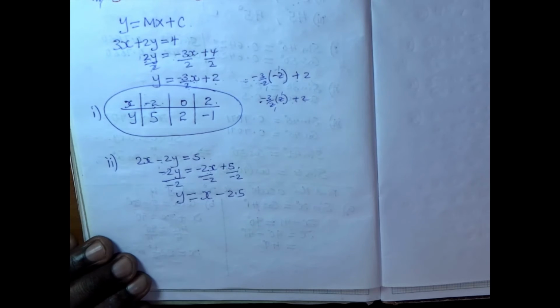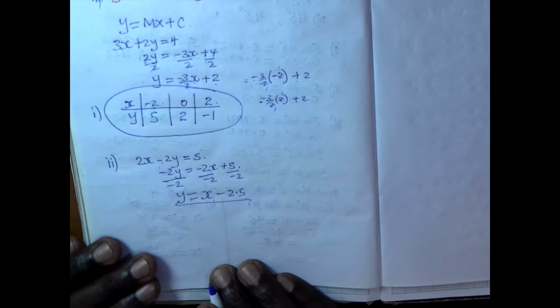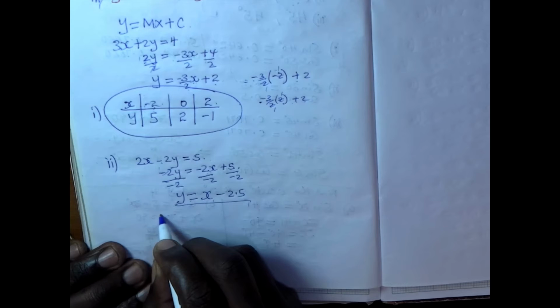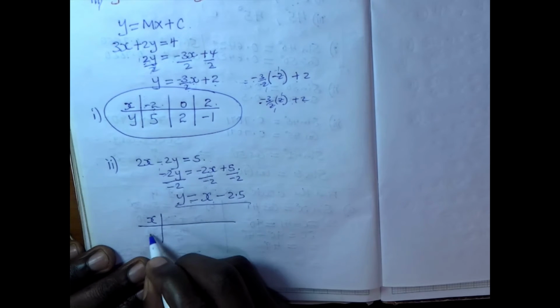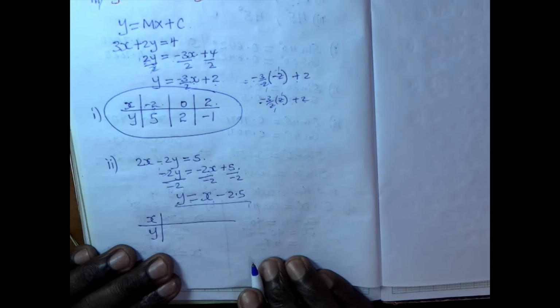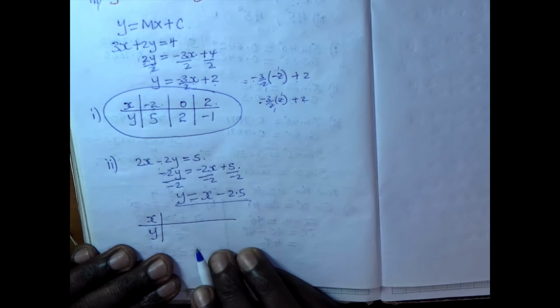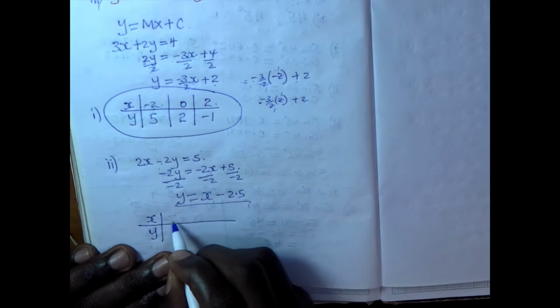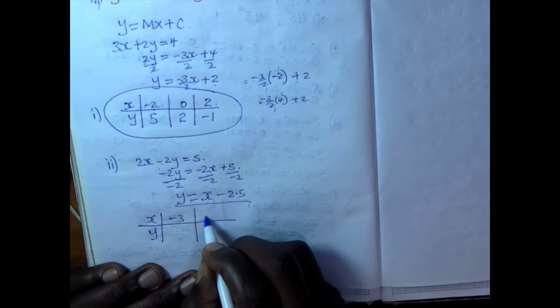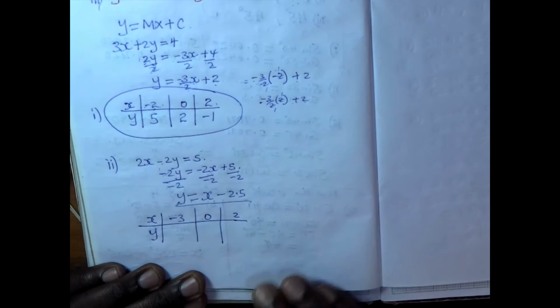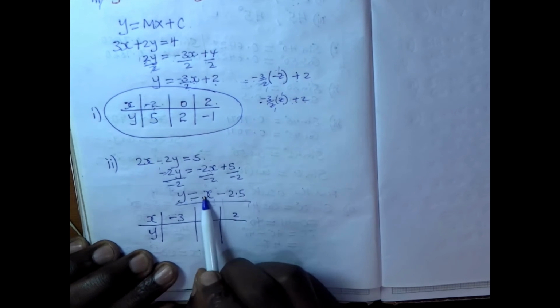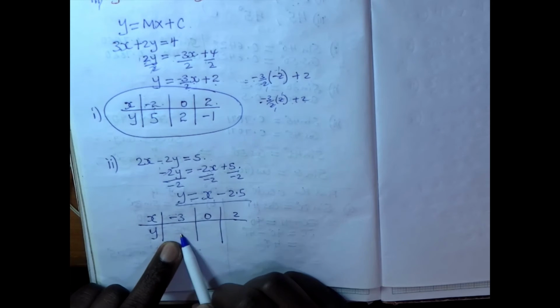Again, for this, let us make a table for the corresponding values of x and y. Again, we take points near the origin. I can take minus 3, 0, and 2. When x is minus 3, what will be y?